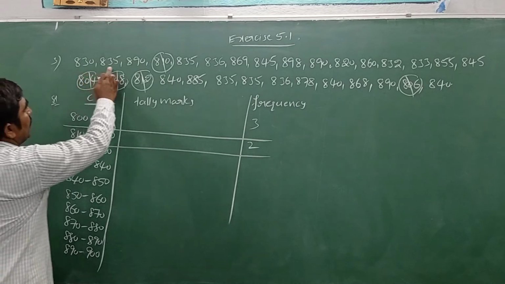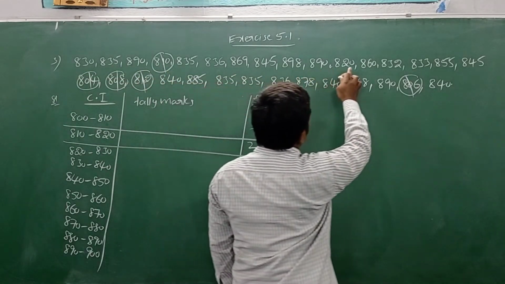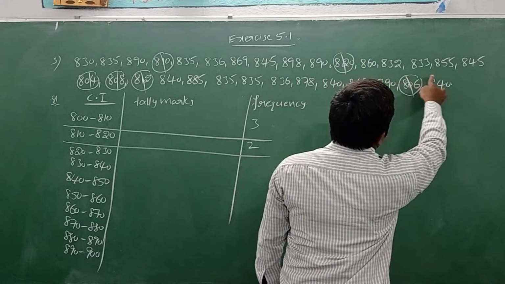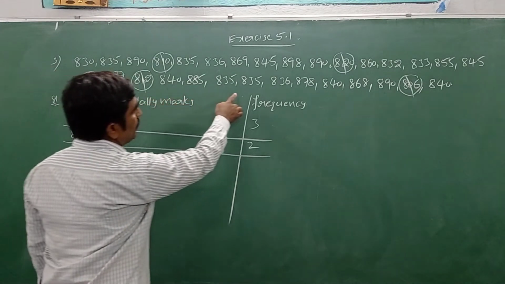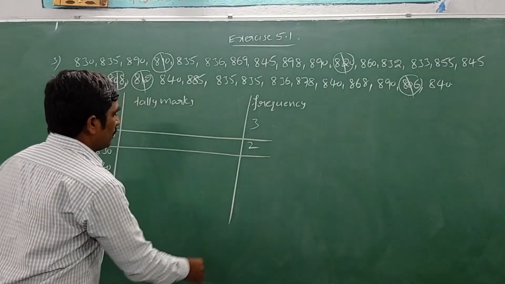Let us see 820 and above. 820 to 829. Yes, 820, 1. I got only 1.